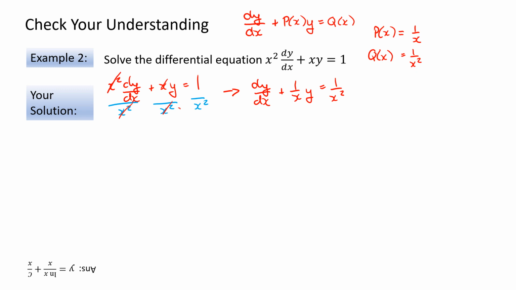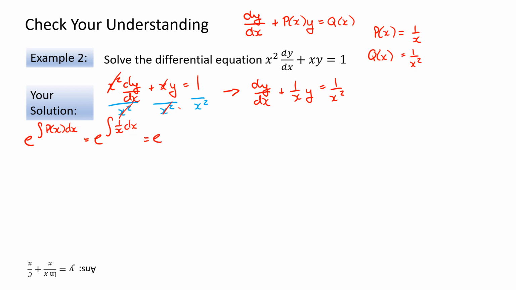Remember, the two most important terms you're going to find are y and your integrating factor when you're dealing with the left-hand side of the equation. So our integrating factor is e to the integral of p of x dx, which is e to the integral of 1 over x dx.